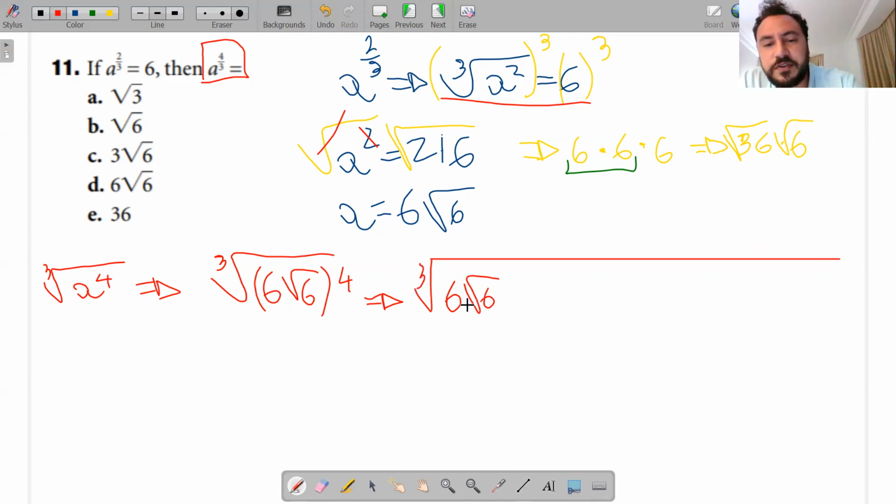This is the cubic root of 6 square root of 6 multiplied by 6 square root of 6, then multiplied by 6 square root of 6, then multiplied by 6 square root of 6.